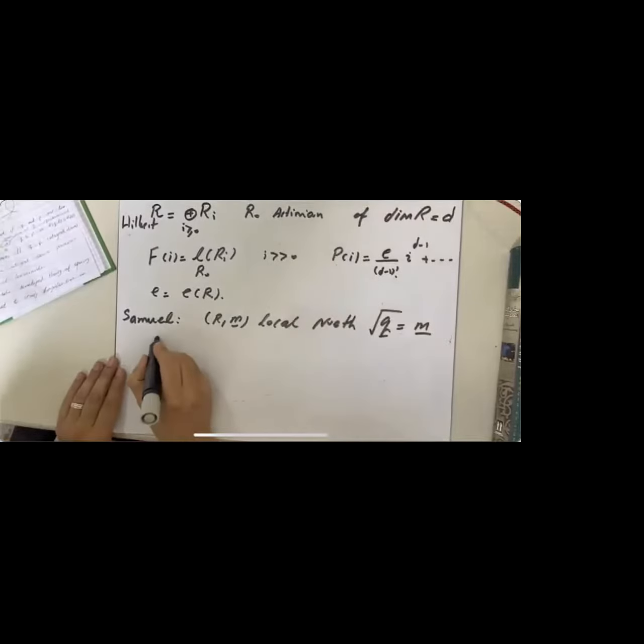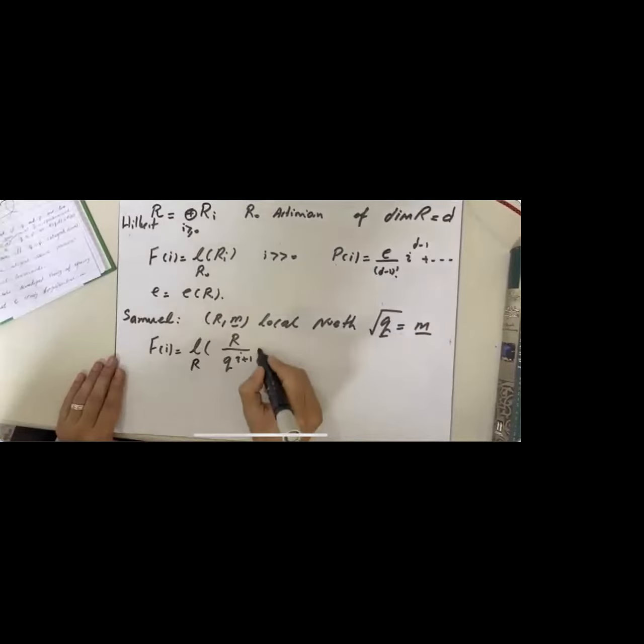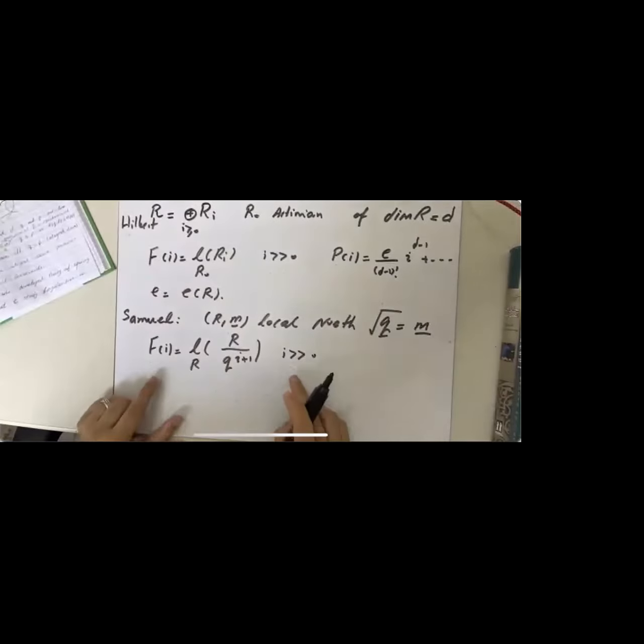Again, Samuel shows that the function phi(i), which is the length of R over powers of Q as an R module, is a polynomial function for big enough indices i.